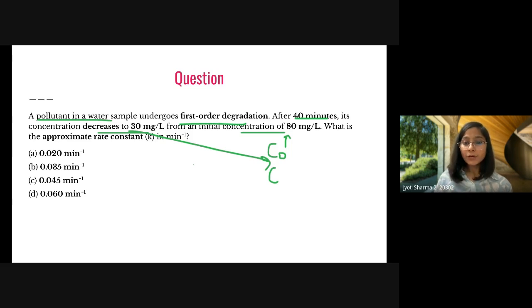After 40 minutes, so your time is 40. This is a first order reaction, and you just need to calculate the rate constant, that is K. So how can you do this?